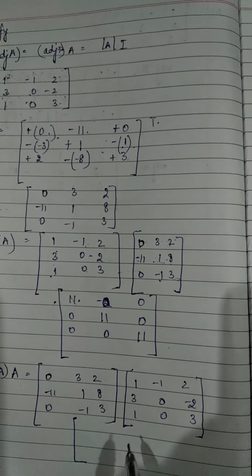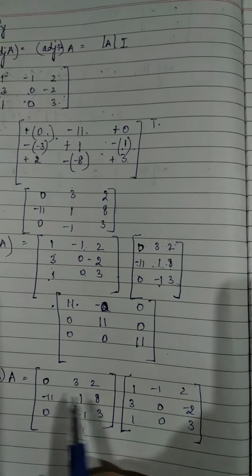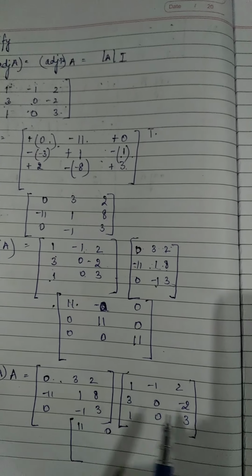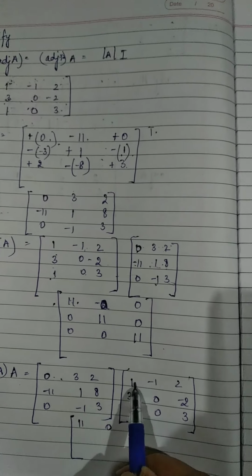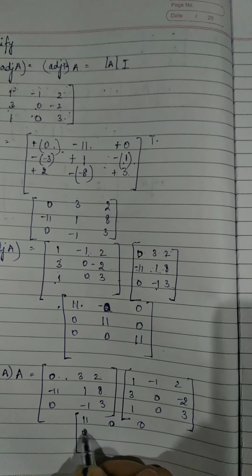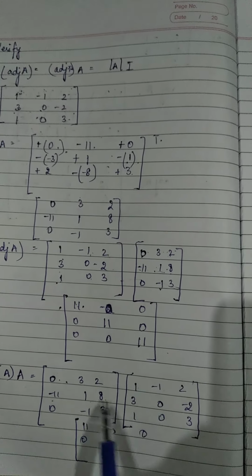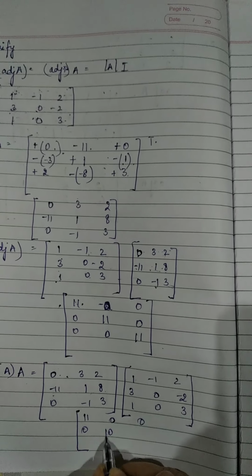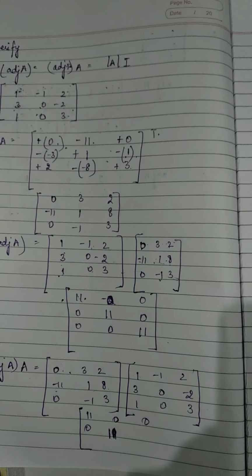0, 9, 2, 11. 0, 0, 0, 0 again. That's 0, minus 6 plus 6, 0 again. Minus 11 plus 3, that's 0. Again 11, 0, 0 is 0. 11 plus 0 is 11.